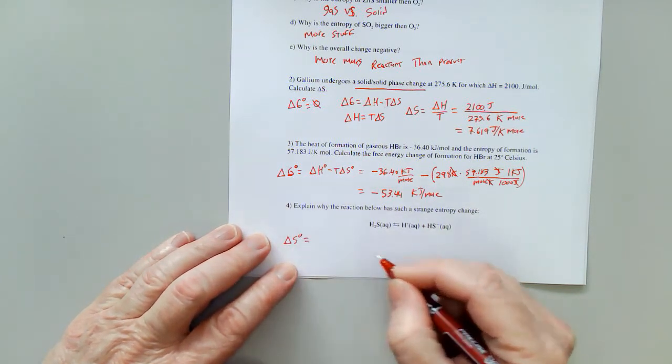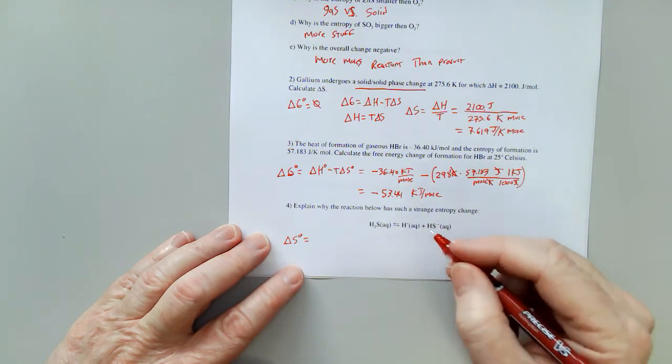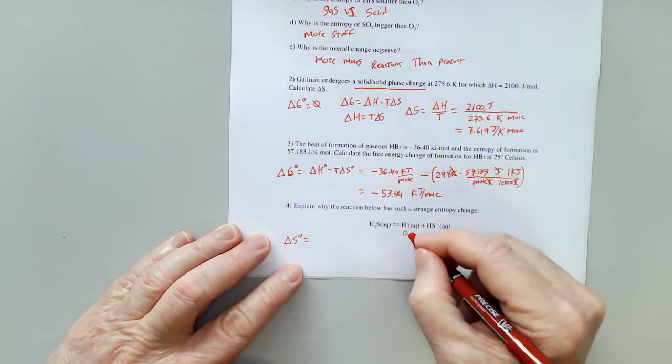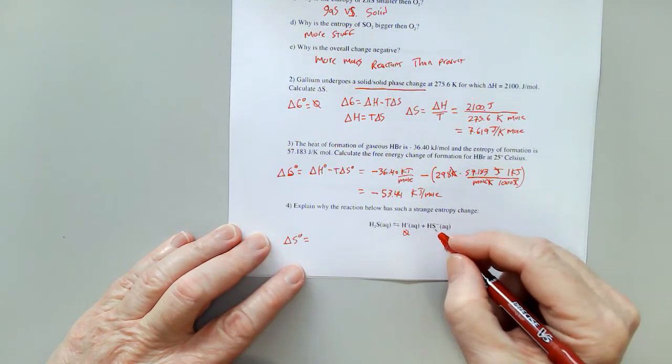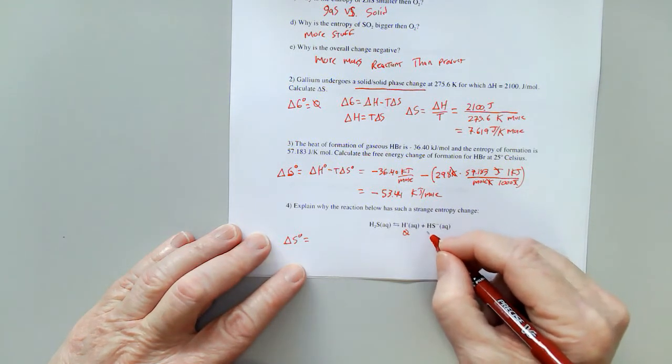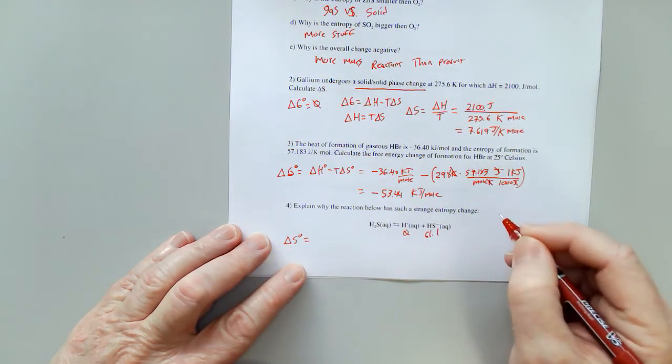Delta S naught equals... Now, the absolute entropy for H plus is 0. For HS minus, it's 61.1.